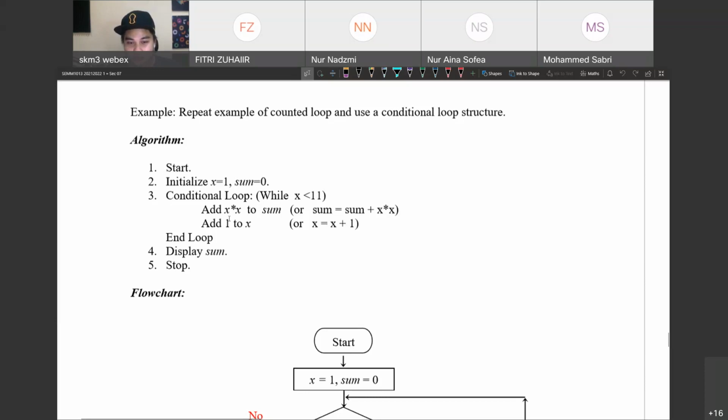So add x multiplied by x to the summation, or sum equal to sum plus x squared. Add 1 to x, or x equal to x plus 1. Okay, this is end loop, display sum, stop.